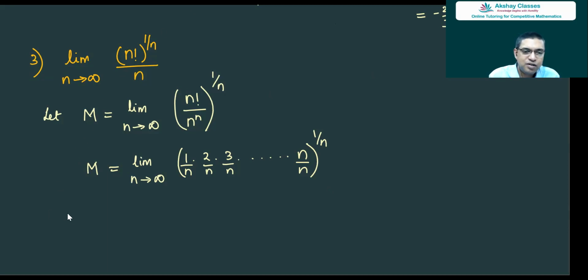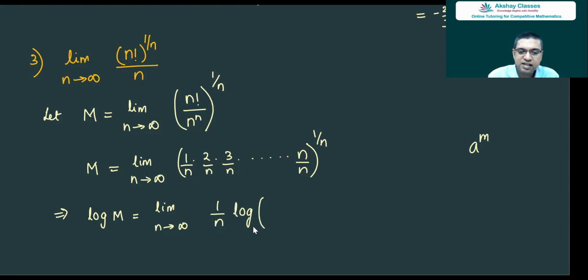So applying log, this implies logarithm of m is the limit as n tends to infinity. Log of a power m is m log a, right? So you get 1 by n logarithm to the base e, of course, times this product.